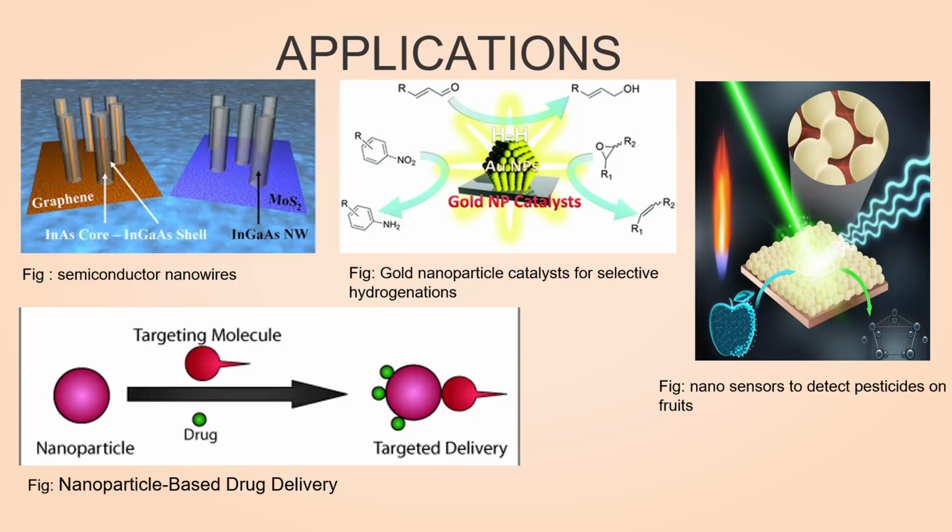In biomedical applications, nanoparticles are widely used for targeted drug delivery. You can see how the process takes place in this diagram. They are also employed in nanosensors for detecting pesticides and environmental pollutants. So if any fruits have excess pesticides, we also use nanosensors to detect it. The images shown here represent these diverse real world applications.